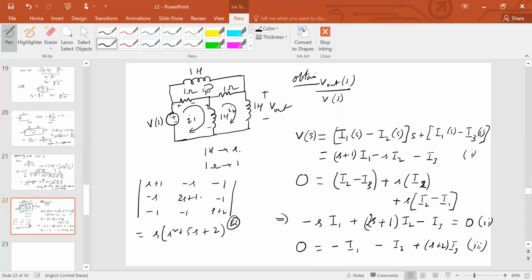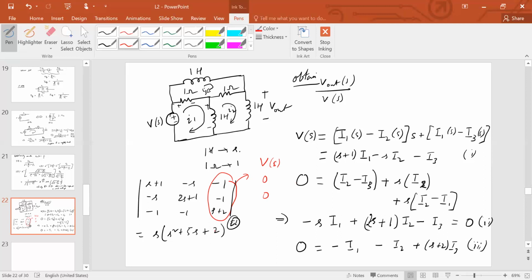All right. So in order to solve for I2, you need to replace this column by VS, 0, 0. That's how you solve. So this is on the one side of the equation, AX equal to B form, so this is the B, right?